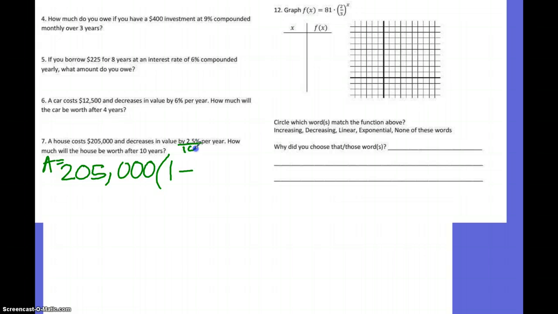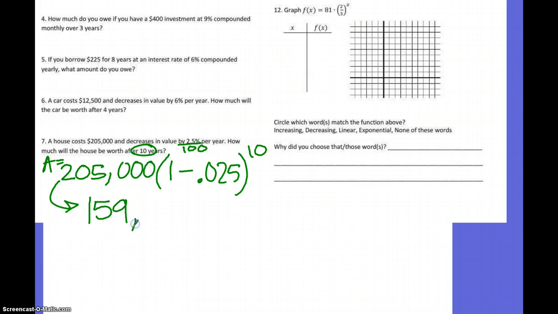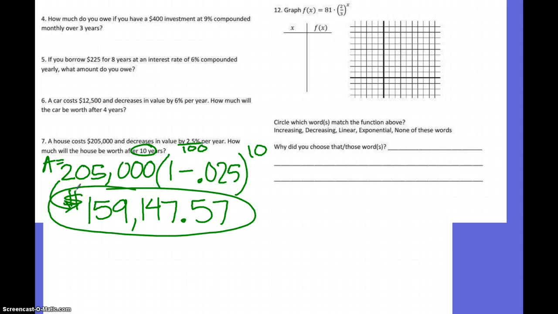If we divide by 100 again, that's 0.025, and it's per year for 10 years, so exponent 10. If we multiply it out in the calculator, we get $159,407.57. So that would be the value of the house after 10 years.